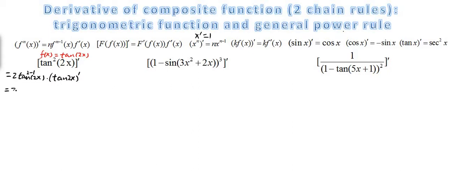We have 2 tangent 2x, and for this part we can tell what is capital F according to this chain rule. Capital F is tangent. What is f(x)? f(x) is 2x.